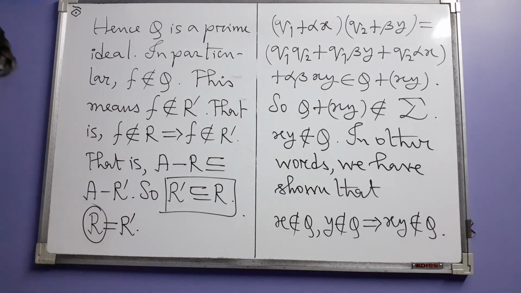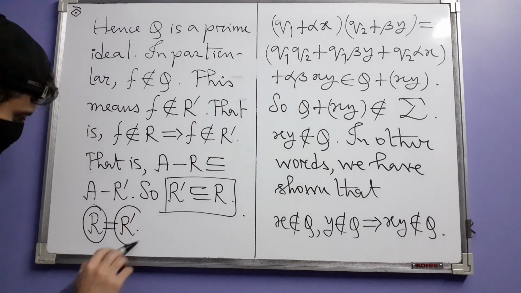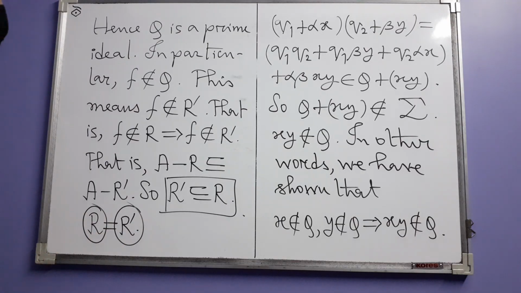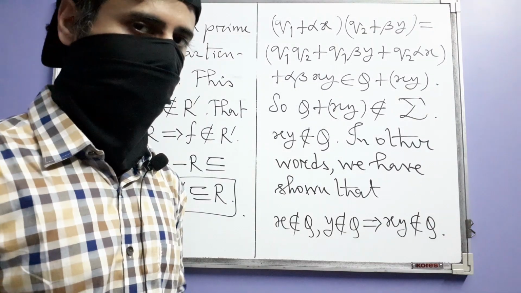R is the set of all nilpotent elements, R prime is the intersection of all prime ideals. So that's how you have this result.